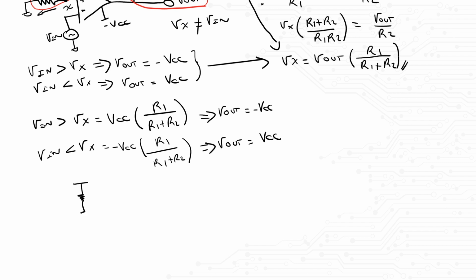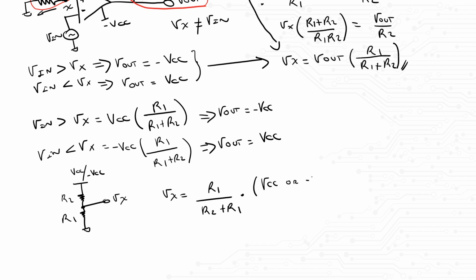So if we recall the simplified version here, if Vin is greater than the divided version of Vout, we get negative VCC at the output. On the other hand, if Vin is smaller than the divided version of Vout, then we get that the output is equal to VCC. Neat little trick that shows a deeper understanding of the behavior of this configuration.